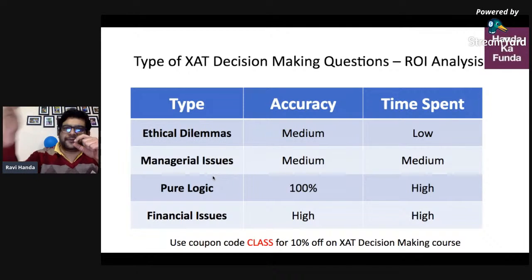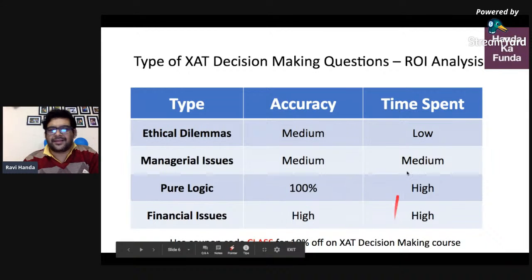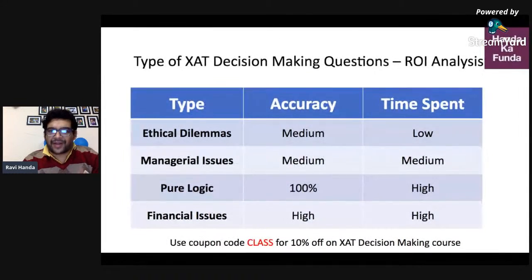Let's say what is best for the company, what is best for the HR policy making about the people who are traveling and so on. In pure logic and financial issue questions, you need to spend more time on calculating, on figuring out the exact numbers, but the accuracy is pretty high in them as well. So that's another factor that you should consider before deciding on any of these issues.